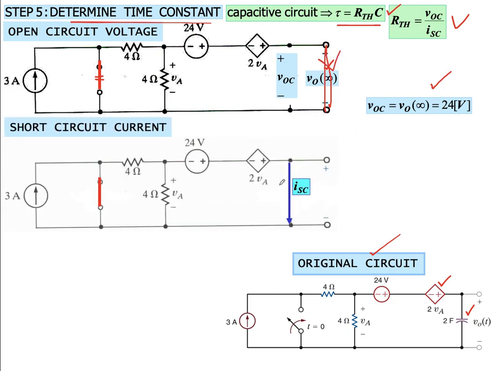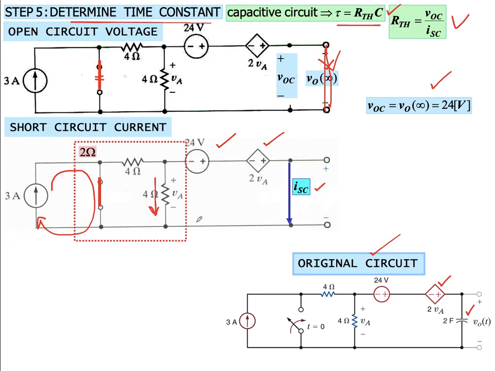So for the short circuit current, this is the current that we are interested in. Again, we can see this 3 ampere current will be just flowing in this branch, and we have these two sources. And since there is no longer an open circuit, current will be flowing in this direction. So we need to find the current that is flowing through I short circuit.